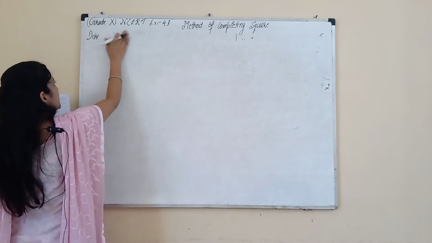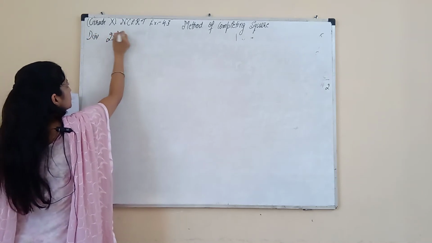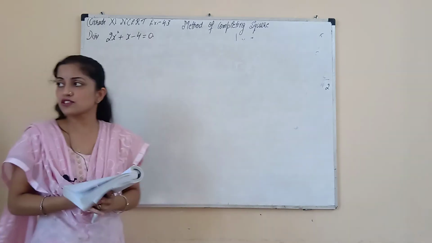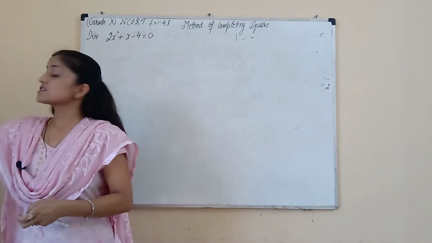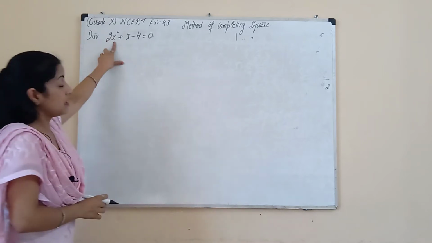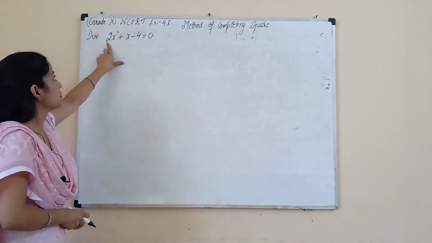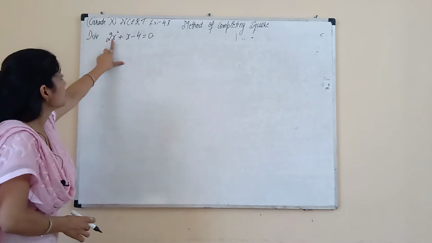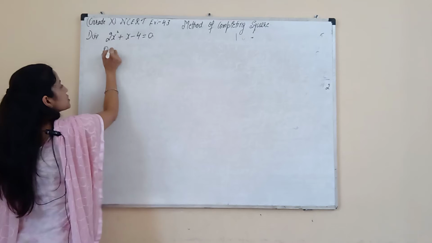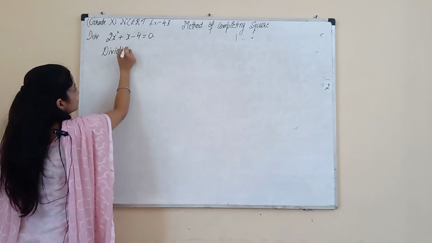This is our second part. So here again, the first step is to divide by the coefficient of x square. Here the coefficient of x square is 2, so dividing by 2.